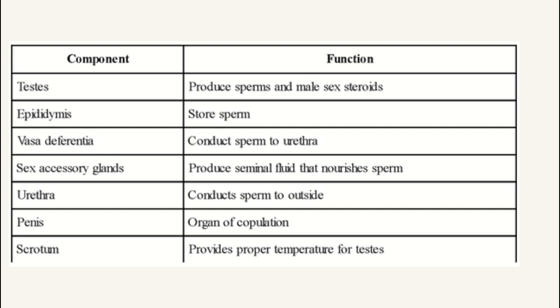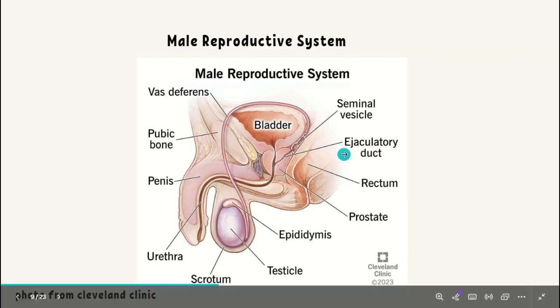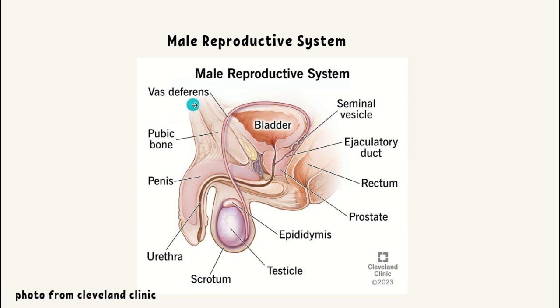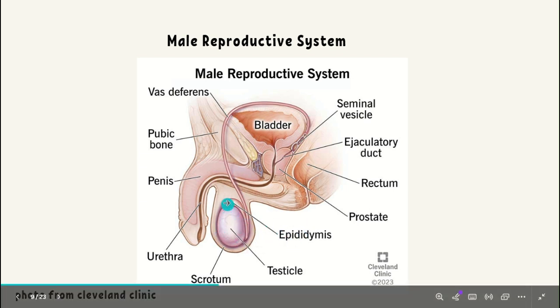Now, if we go back to the diagram, I will look at it more in depth. The vas deferens is a muscular tube that carries sperm from the epididymis. This is the epididymis.